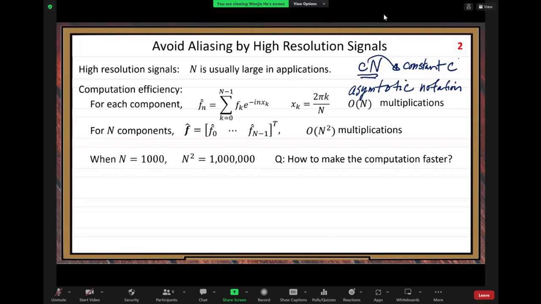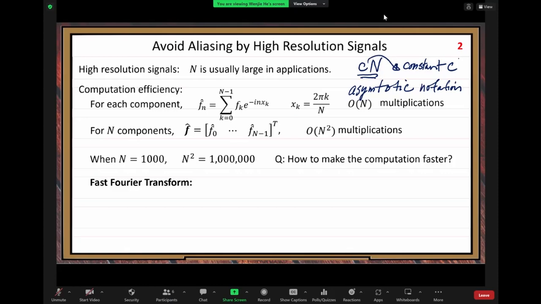When you do the discrete Fourier transform, it could be very slow. Now, there is a very efficient algorithm called the fast Fourier transform.